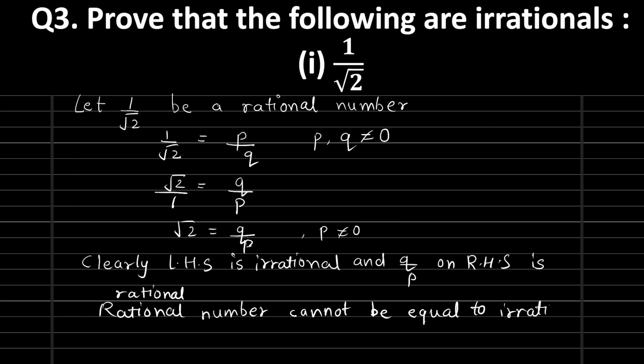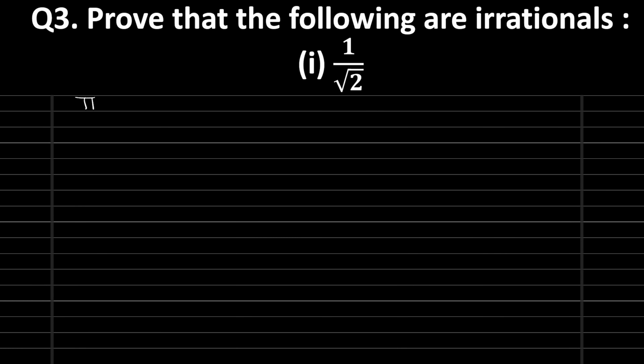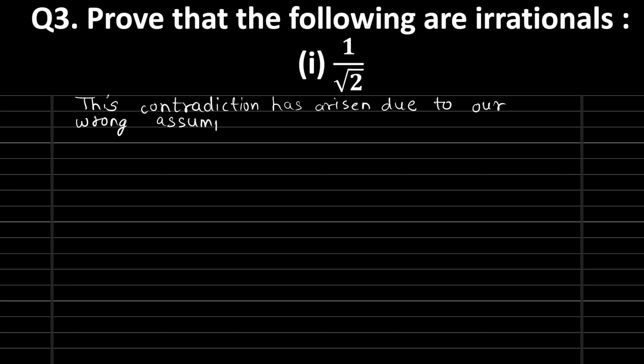So over here we can see that a contradiction has arisen. So we will write down this contradiction has arisen due to our wrong assumption, that 1 by root 2 is rational.